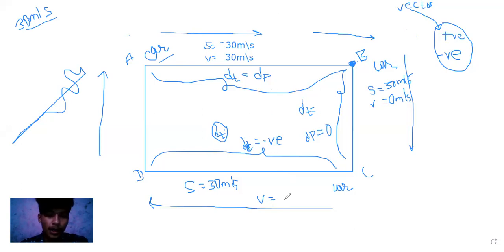Minus 30 meter per second. Okay, minus 30. It will become negative. Minus 40. So this was from C to D.